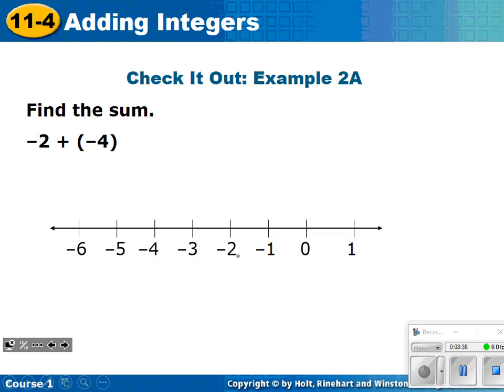Good job. Okay? So, we got -2. We start at 0. We go to -2, and we're adding a negative, so we're moving this way. We're going to move it 4 more, so we're going to end there. So my answer is going to be -6.